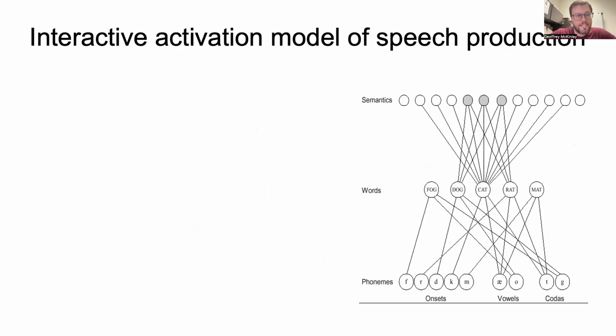This is called the interactive activation model of speech production. So this neural network is trying to model speech production, how well you can produce speech. Okay, so if I show you a picture, let's say, of a cat, this neural network makes certain predictions about what kinds of errors you're more likely to say, as well as correct responses that you're likely to say.